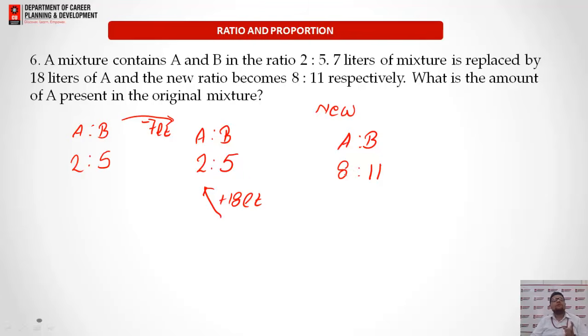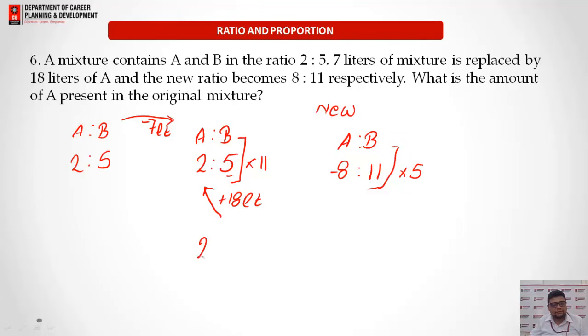Now we have added only A, so the B will remain the same. So firstly we must make the parts of B the same. Here the B parts are 5, here it is 11. So multiply this by 11 and this by 5.